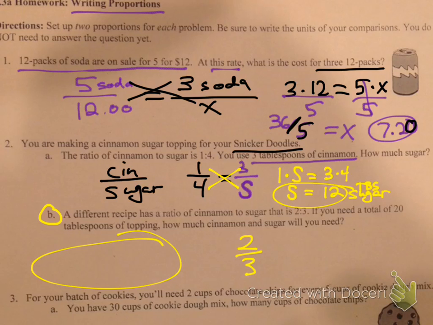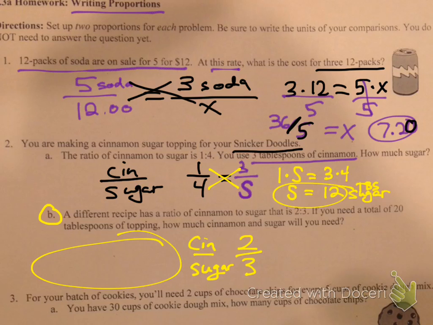So 2 to 3. Again, that's cinnamon to sugar. A different recipe has a ratio of 2 to 3.